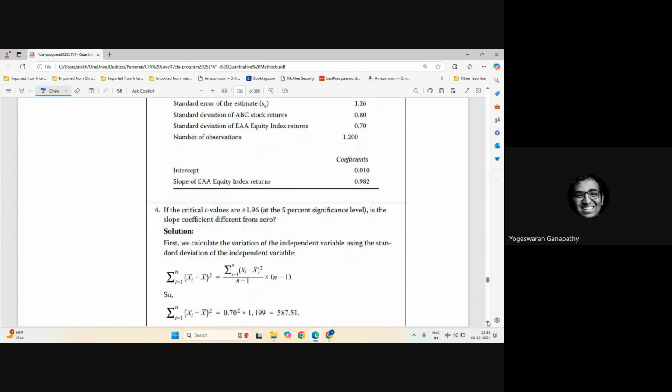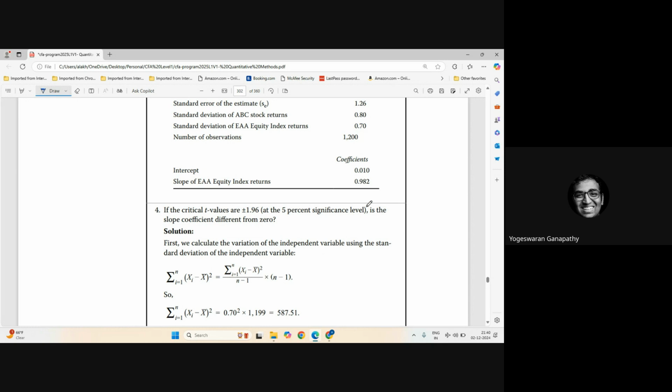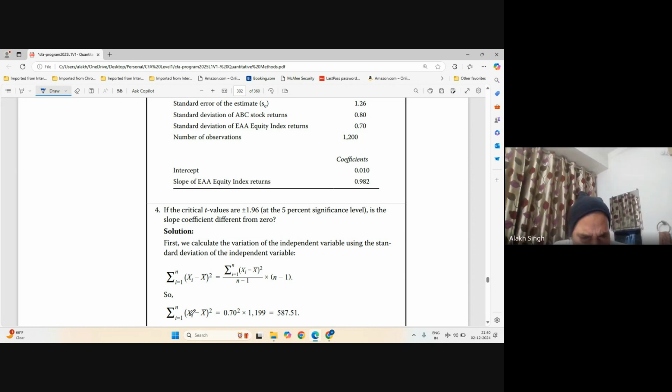Sir, they have just modified the formula, multiplying and dividing by n minus 1. So you are saying we have 0.70 times 1200 minus 1, and that gives us sigma (xi minus x bar) whole square.